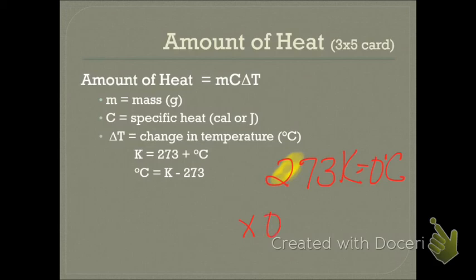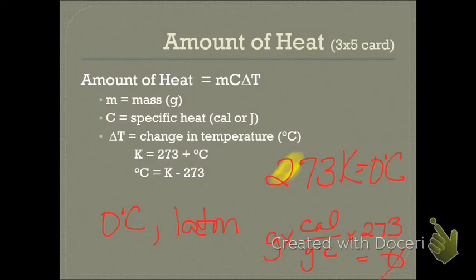If I told you standard temperature and pressure, we know standard temperature and pressure is 0 degrees Celsius and 1 atmosphere. If I tell you this is at standard temperature and pressure, you can't multiply any of these times 0. You can't take your calories per gram degrees Celsius and multiply it by degrees Celsius if it's 0 degrees. You're going to get an answer of 0. So we convert this not into 0 degrees Celsius, but we convert it into our Kelvin, which is 273.